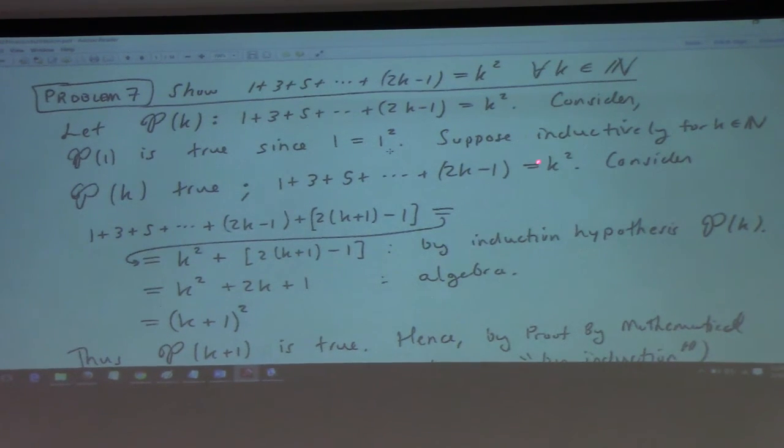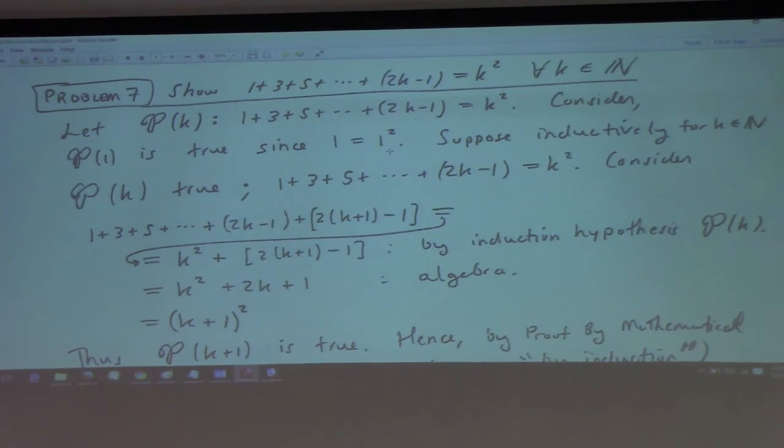In principle, I could start with k plus 1 squared and try to get back over to here. But for whatever reason, I think it's more natural to start with the left-hand side and plug in k plus 1 in there, and then just algebra. So, these first terms, by the induction hypothesis, are exactly k squared. And then you're left with this one extra term. You FOIL it out and group stuff, and you get k plus 1 squared.